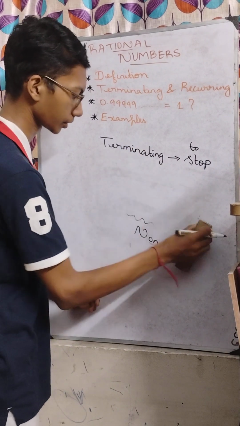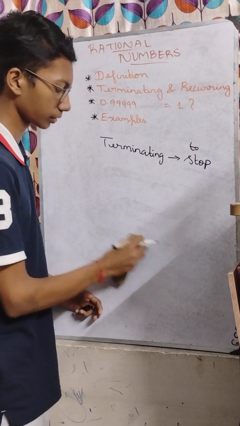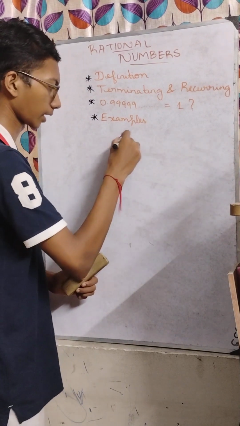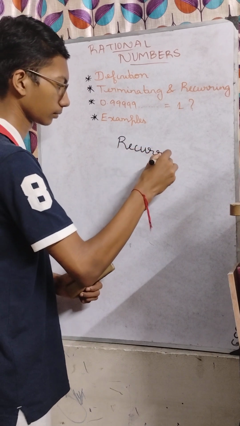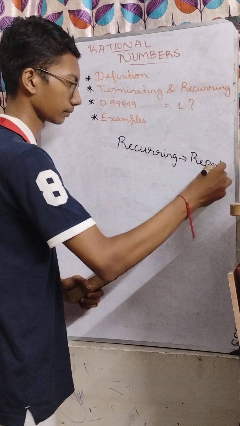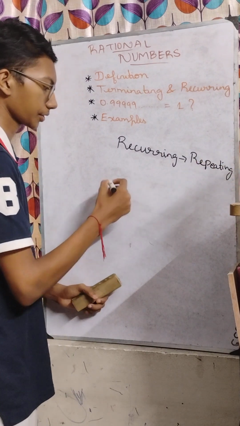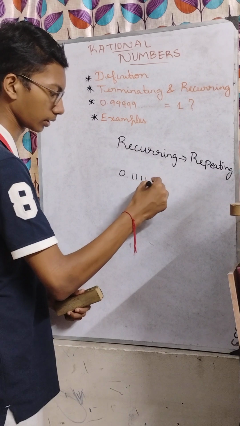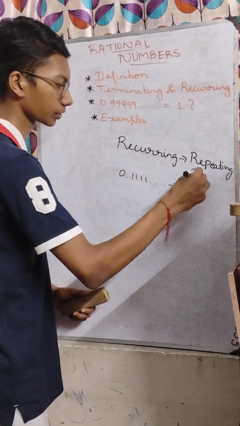Now the next thing is recurring. What is the meaning of this word recurring? The meaning of recurring is repeating. Let's say we have again 0.11111. It goes on. This is recurring.